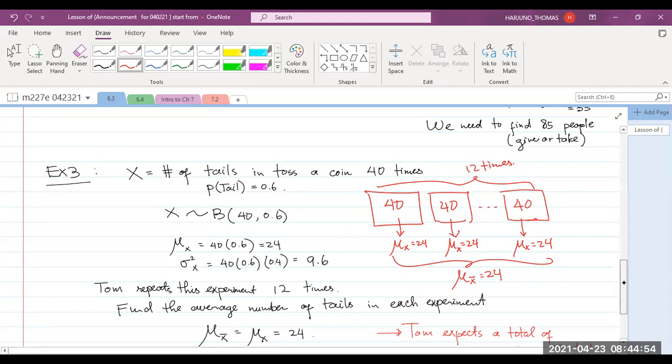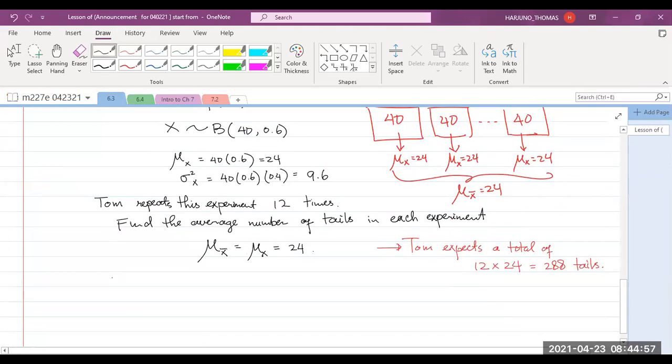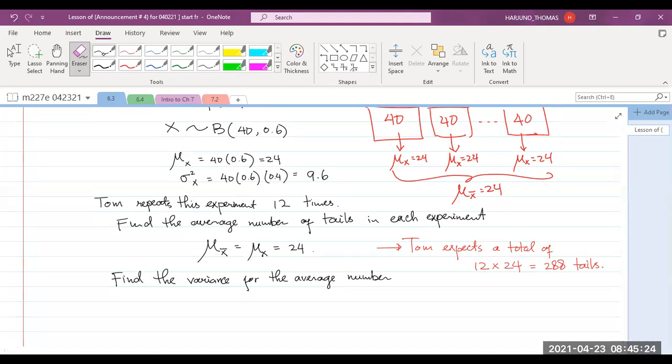Okay. Now, how about finding the variance? Find the variance for the average number of tails in each experiment.